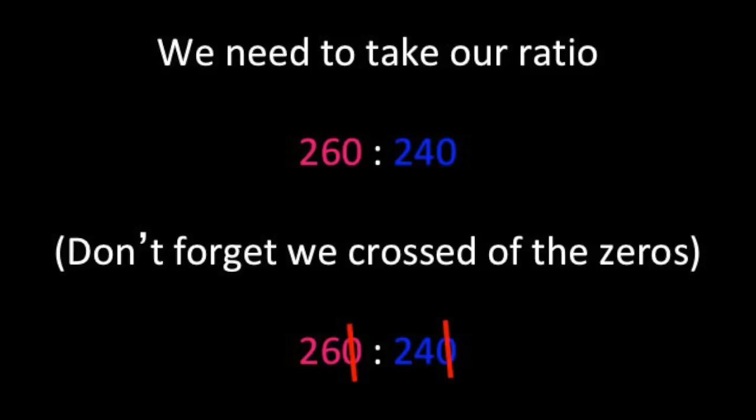We need to take our ratio 260 to 240, but don't forget we crossed off the zeros. So now we're looking at 26 to 24. That was just our easy way of reducing it.